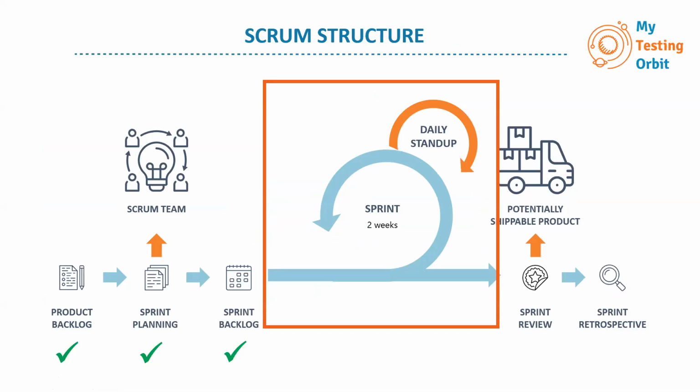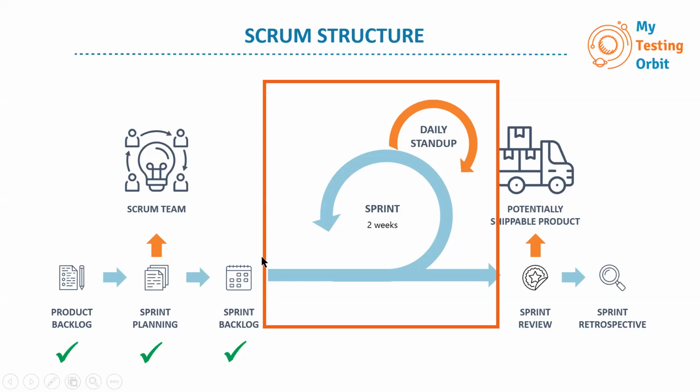In the last session, we went through the product backlog, then we did sprint planning, and from the product backlog we picked a few tickets, moved them into the sprint, started the sprint, and had a look at the sprint board. That sprint board is also known as the sprint backlog. So if you hear the term sprint backlog, it's nothing else but the sprint board, which we will go through in a while.